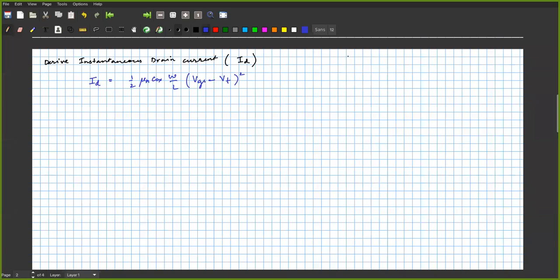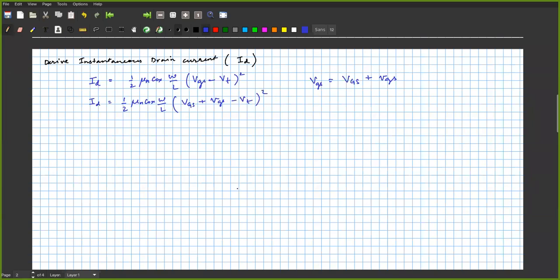Now in this, make some changes. I small d equals half COX W by L, now VGS small g small s equals capital VGS plus this. So I'm going to use it: VGS plus vgs minus VT.